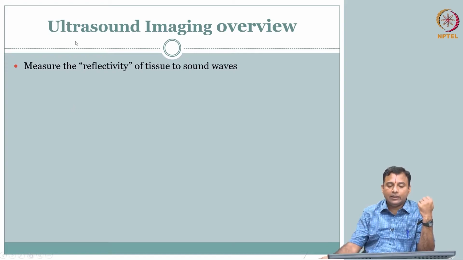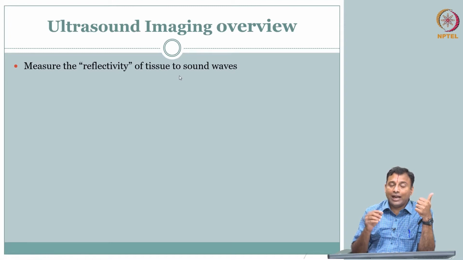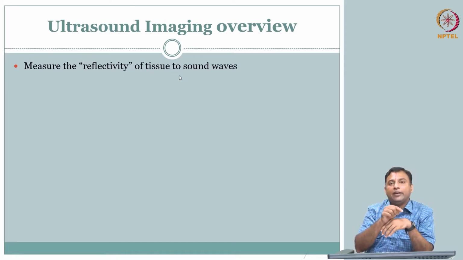In X-ray based modalities we talked about attenuation, how the body attenuates X-ray energy, and the distribution of that is what we were trying to capture. In nuclear medicine we were talking about radioactivity, where is the source of this radioactivity and how much radioactivity is coming from a location. So, we were trying to do a source localization of radioactivity in nuclear medicine.